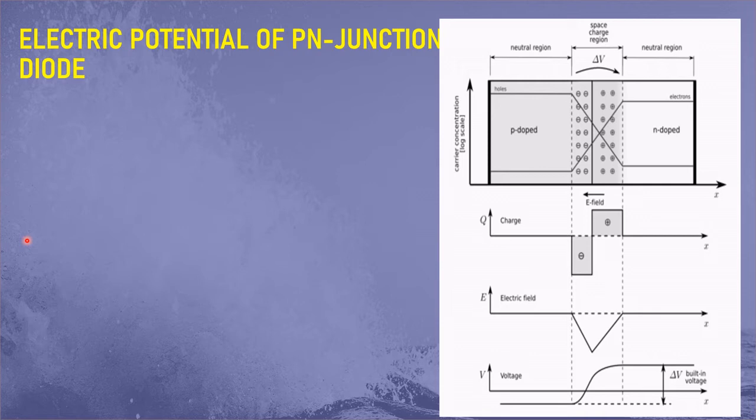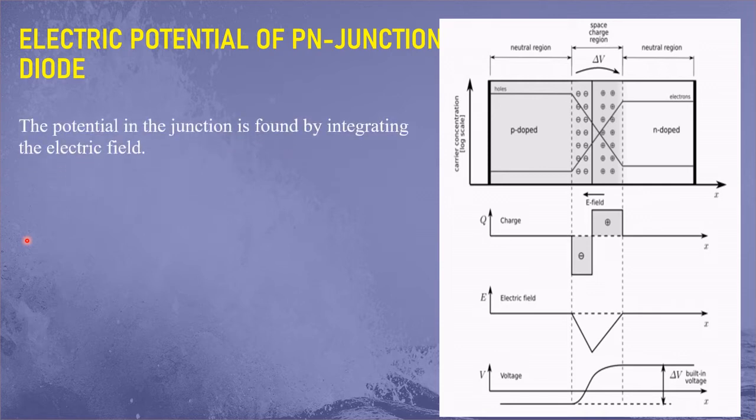So, from this equation, we can easily get the electric potential of the PN junction diode. We integrate the electric field and we get the electric potential. First of all, we integrate the electric field in the P region.